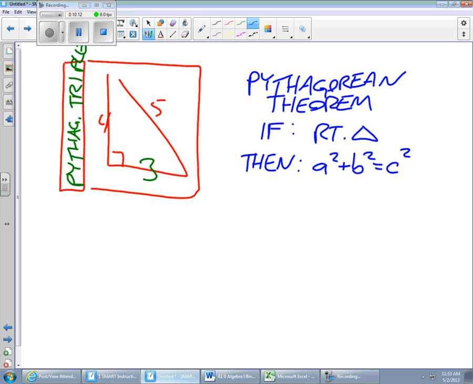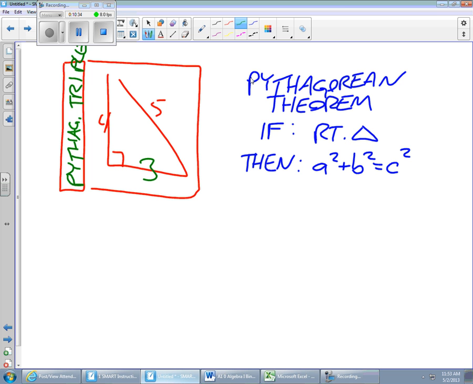What's this format called where it says if one thing, then something else? Not converse, but conditional. Conditional format. If, and then you have a hypothesis, then you have a conclusion. And then you have things like converse, inverse, and contrapositive that can mess around with all that stuff.